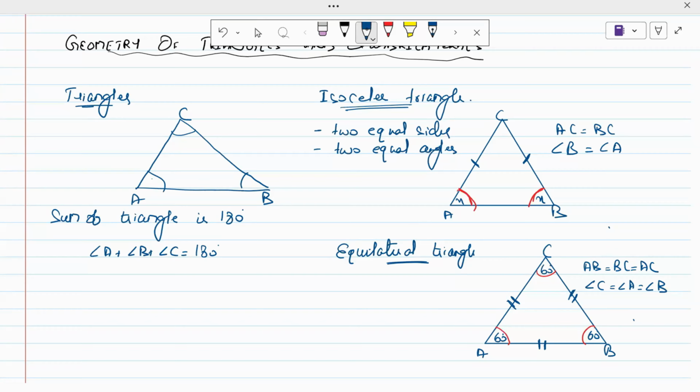In equilateral triangles, all three angles are always 60 degrees.